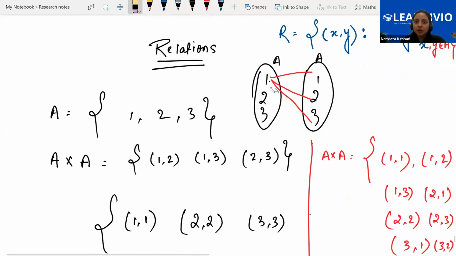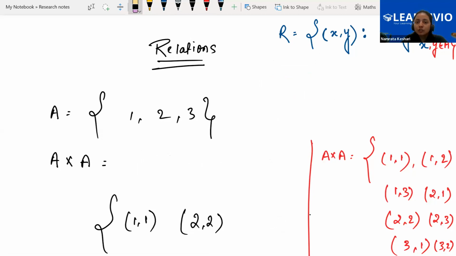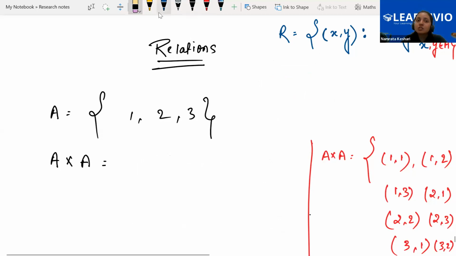Let me write this mapping diagram. I am writing the Cartesian product over here so that we will be able to see what exactly is there in our Cartesian product, and then we will focus on our relation. What exactly the relation is talking about. A condition will be applied, and that's called relation.